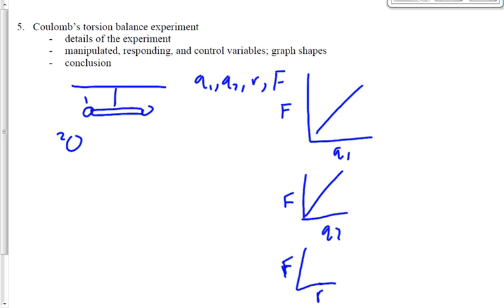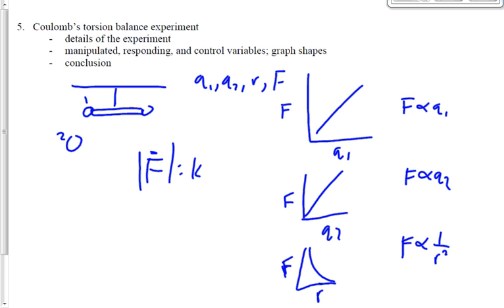Yeah, it's an inverse square relationship. By the way, we're keeping Q1 and Q2 the same in this experiment. F is related to Q1, F is related to Q2, F is related to the inverse of the square of the distance. Put them all together, and we get F is equal to a constant times all of that stuff. And that's Coulomb's law.